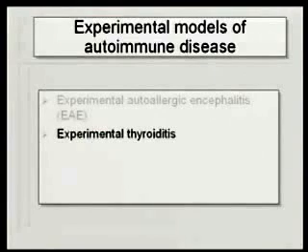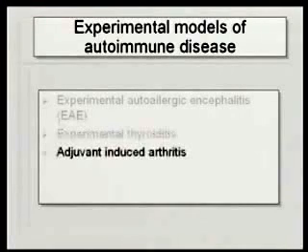Thyroiditis: you can take thyroid tissue, grind it up into the adjuvant, immunize animals, and they come down with thyroiditis. Adjuvant-induced arthritis: you can inject adjuvants into the foot pad, and certain strains of mice and rats will come down with arthritis.